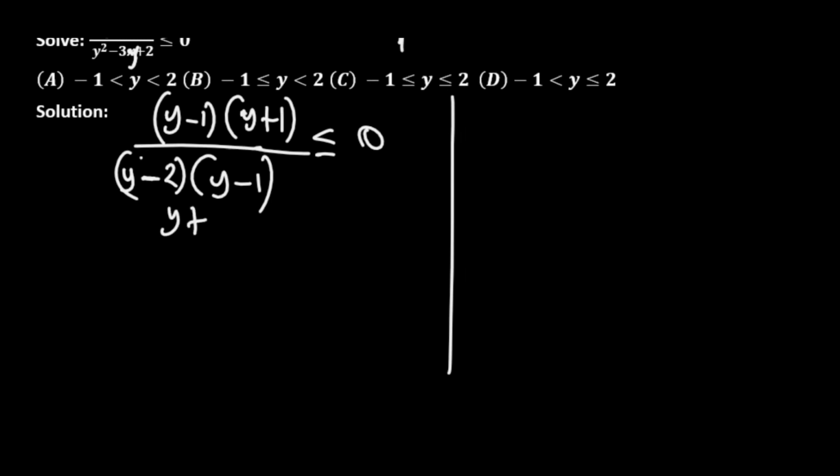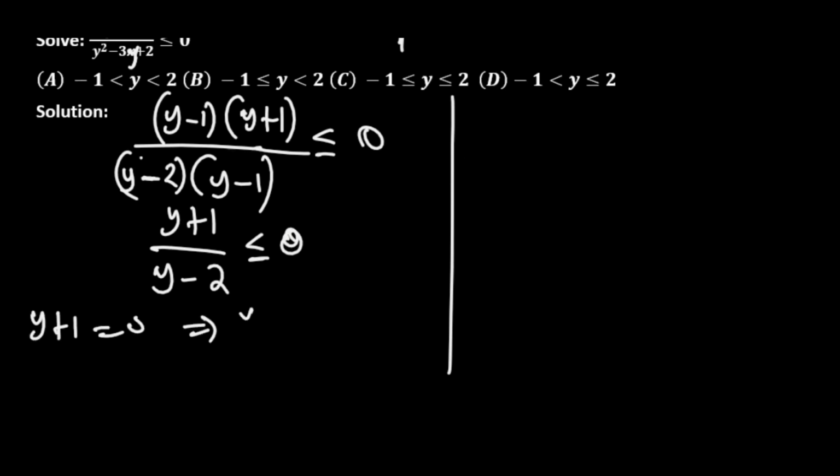So we have y plus 1 over y minus 2 is less than or equal to 0. So we now equate the numerator and the denominator to 0. So the first one, y plus 1 equal to 0, implies y is minus 1. The second one, y minus 2 equal to 0, y is 2. So these are the two numbers that we use to form the boundaries. So our boundaries are minus 1 and 2.